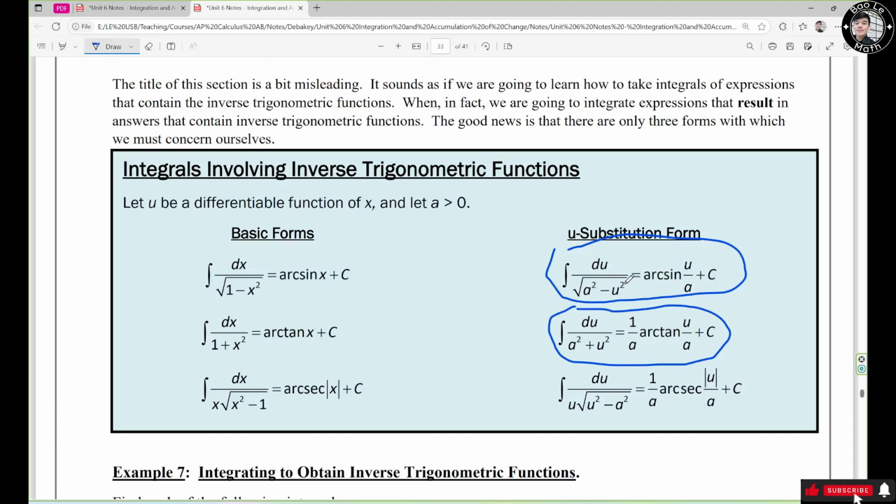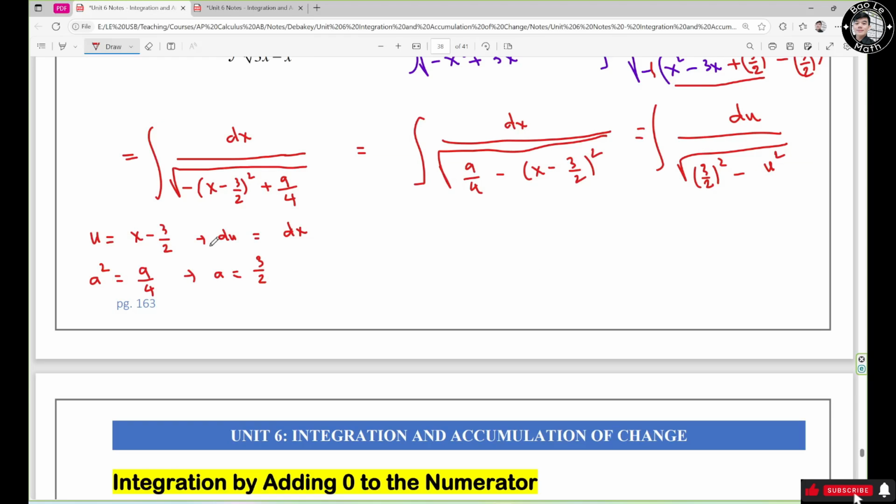The antiderivative of 1 over square root of a squared minus u squared equals inverse sine of u over a plus c. So this turns out to be inverse sine of u over a, but u is equal to this one right here. So it can be s minus 3 over 2 over a, which means 3 over 2, plus c.